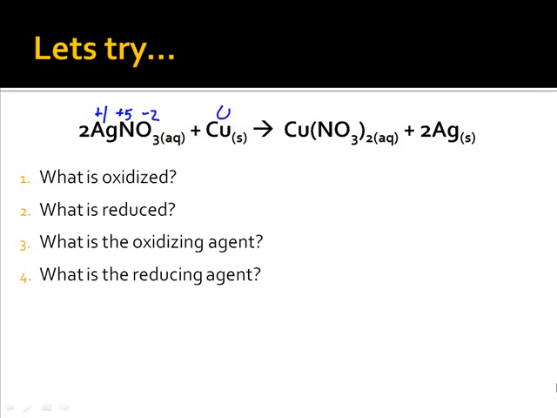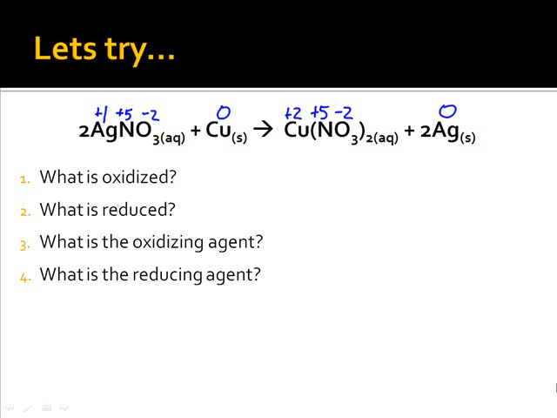Copper is an element in its elemental state, so it's 0. While we're thinking about elements in their elemental state, let's go ahead and assign silver over there. It's 0 for oxidation number. Here, copper is combined with 2 nitrate ions, so this must be the +2 version of copper. And the nitrate actually hasn't changed at all. We still have a +5, and we have a -2.